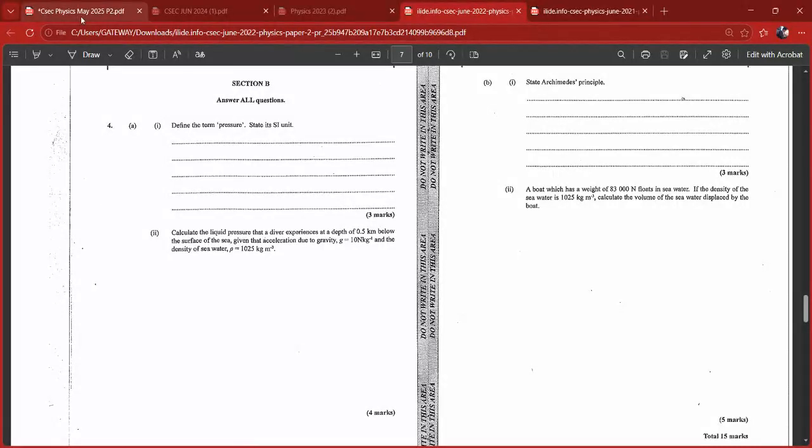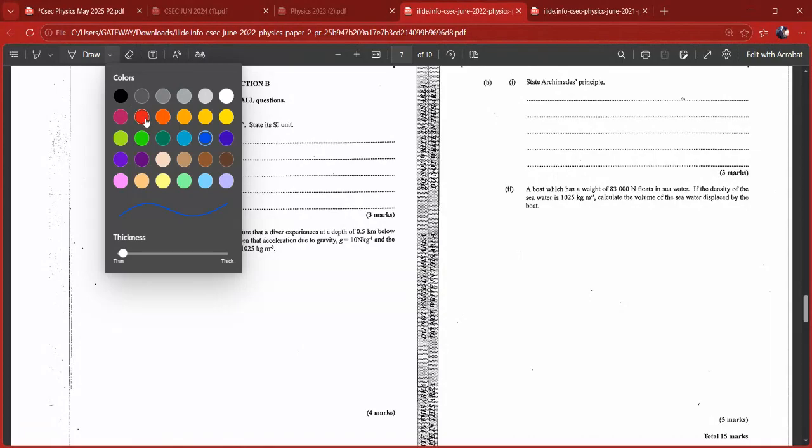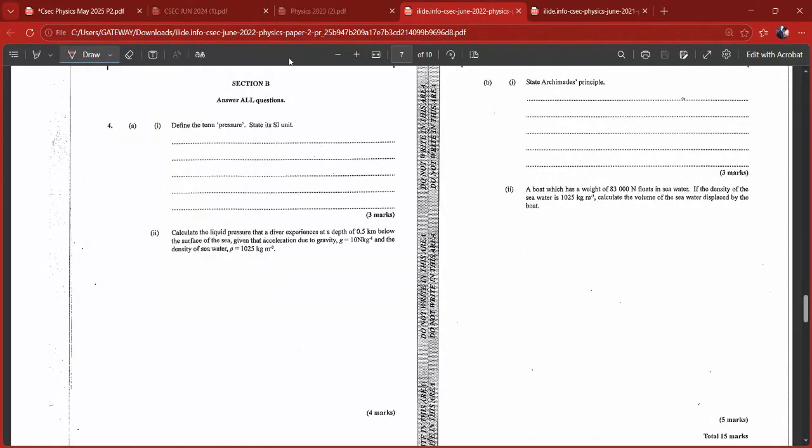Right. So the question here is to define the term pressure and state the unit of pressure. So they say to define the term pressure and state its unit.